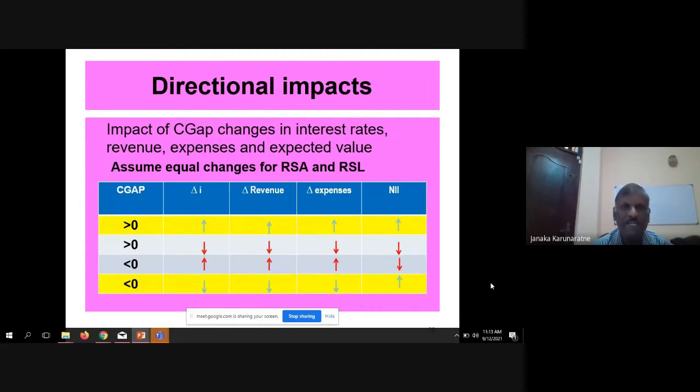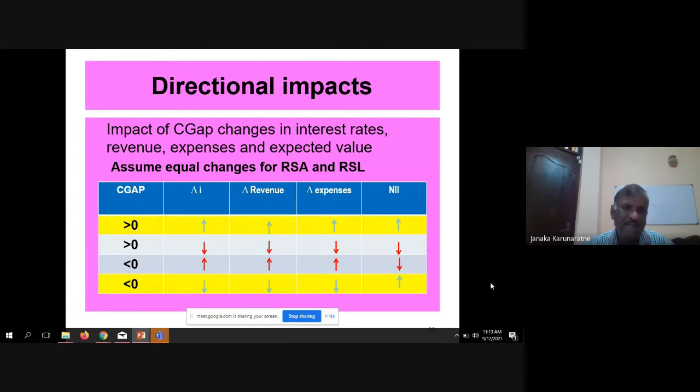So let's look at the directional impact, the impact of the cumulative gap, changes in interest rates, revenue, expenditure, and the expected value, assuming equal changes in RSA and RSL.